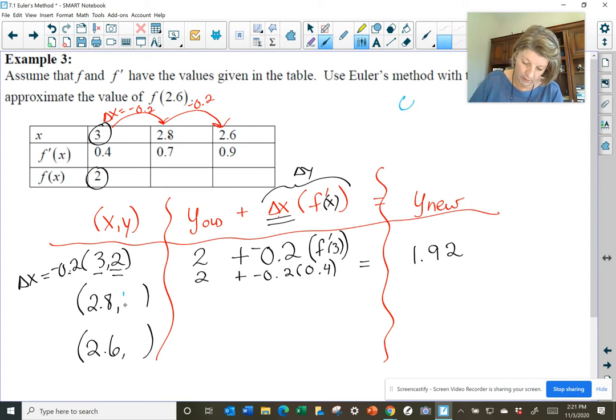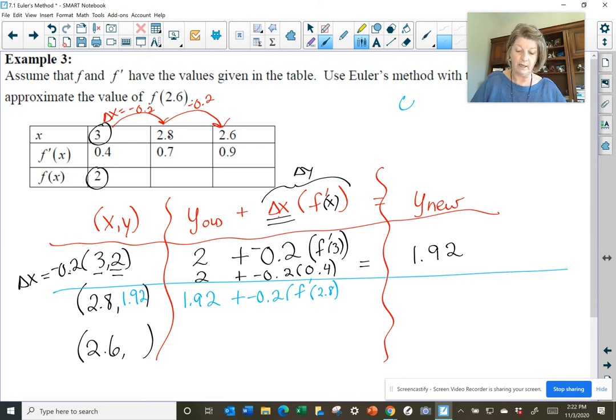I'm going to change my ink color. That's going to be a 1.92 now, updating to the next point as we moved over. Now I take my y old, 1.92, and add to it my delta x, which is negative 0.2, times f prime evaluated at 2.8. I'm going to draw a line to keep these straight. I have 1.92 minus 0.2 times f prime at 2.8.